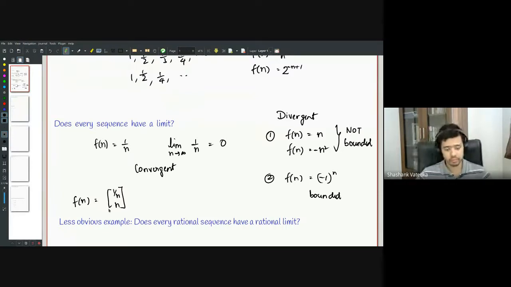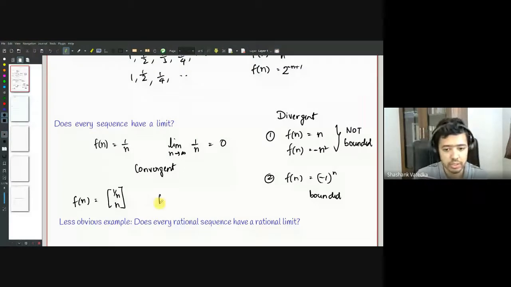Does it converge? No, it does not converge, right? And we'll see the definition of a limit so that we can handle even such examples.